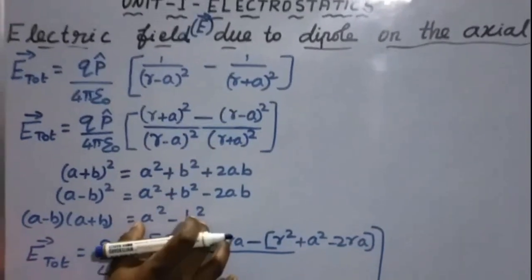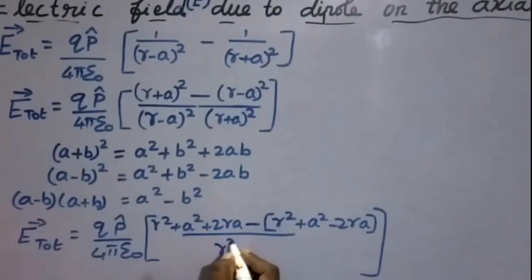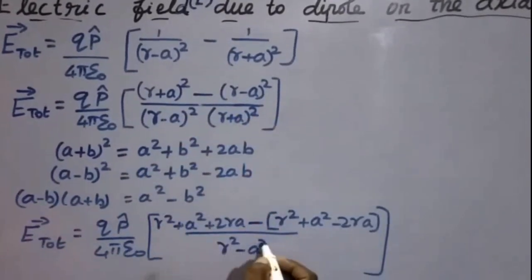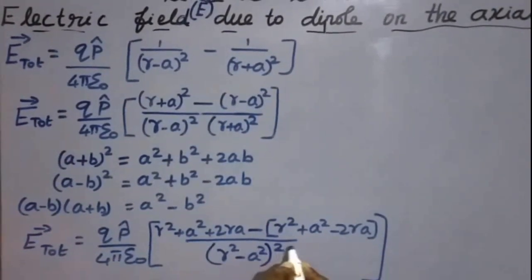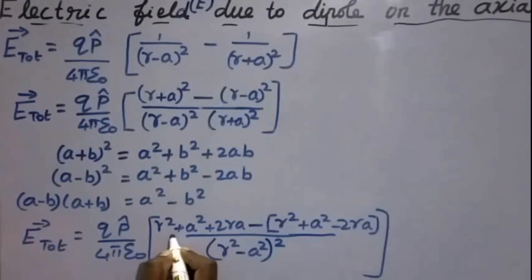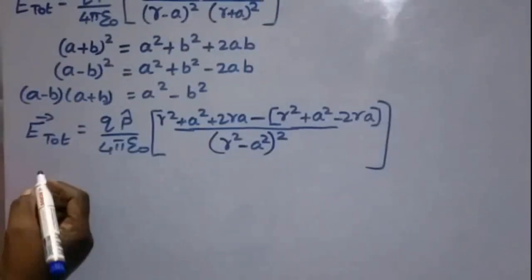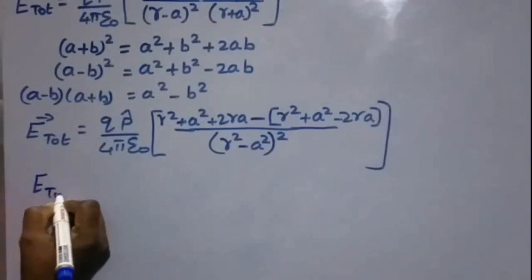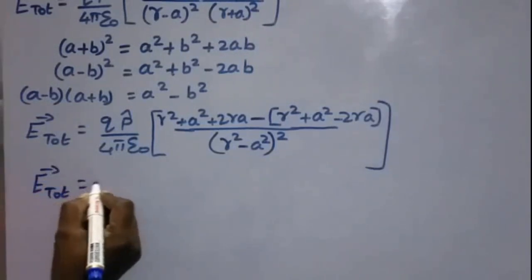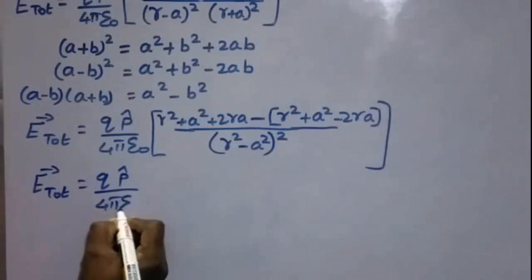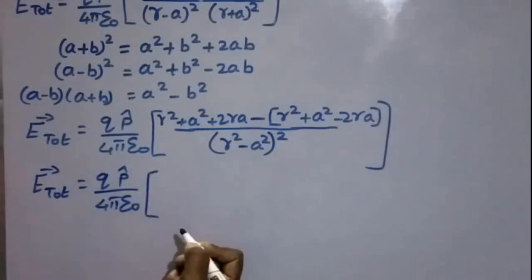So according to this formula, (r square minus a square), here we have one square common for both.